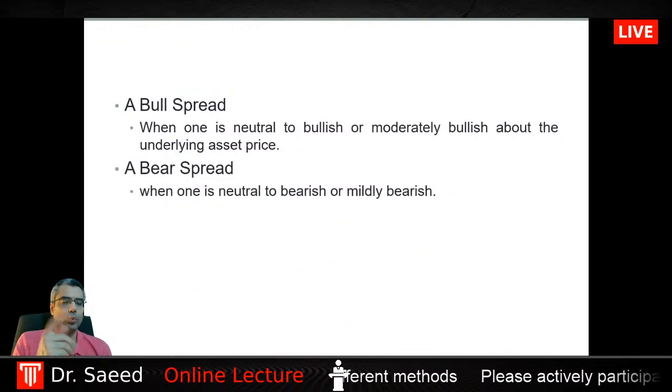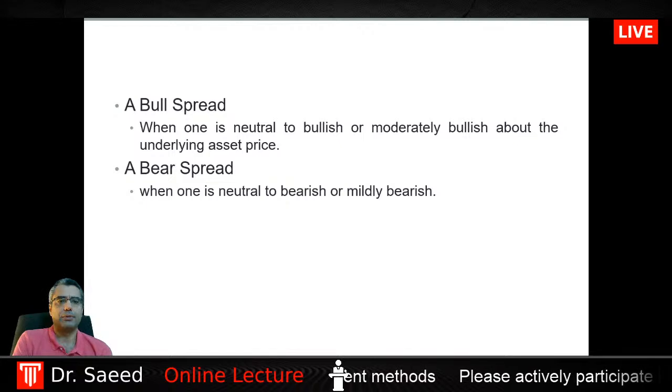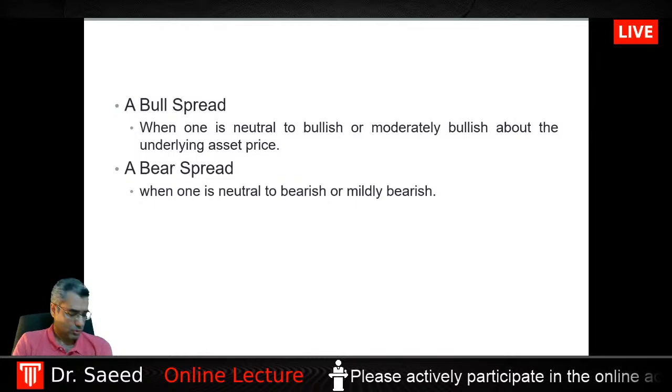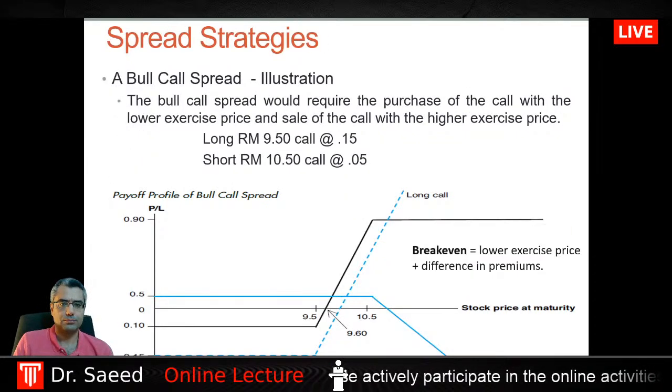First, when will we use each strategy? For bull spread, when one is neutral to bullish or moderately bullish. As I said, it's always easier to have a look at the diagram.